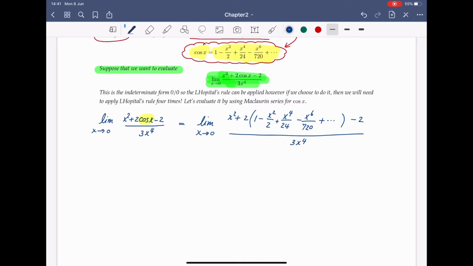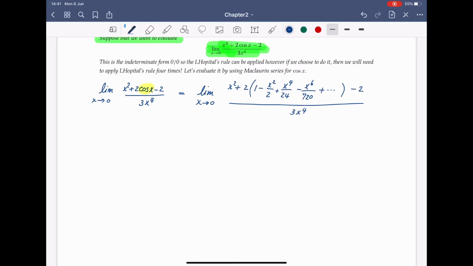And then after that, let's expand this thing. So we're going to have the limit of x squared plus 2, minus x squared plus x to the 4th power over 12, and then minus x to the 6th power over 360, and then plus dot dot dot, minus 2, and then over 3 times x to the 4th power.